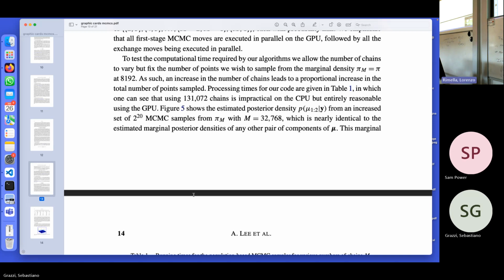I guess this has to do with the fact that we're not using functional programming. We need to be careful, because instead of moving the chains, which would require moving a lot of memory around, we just swap the index. That makes sense.